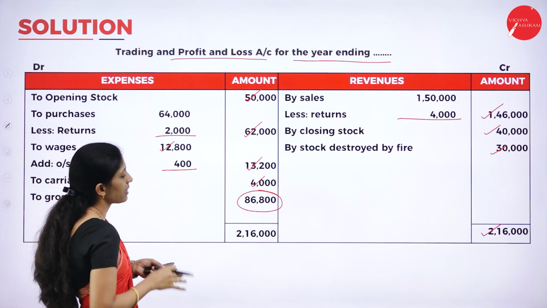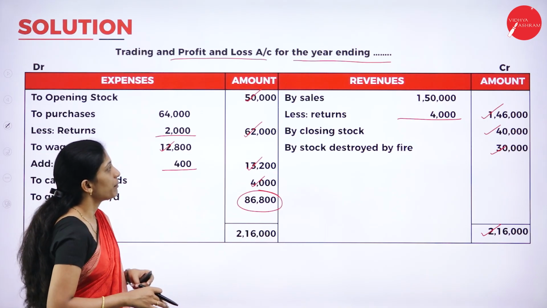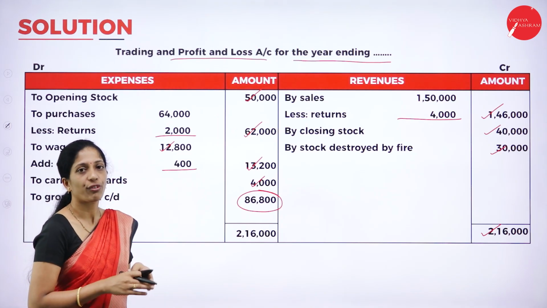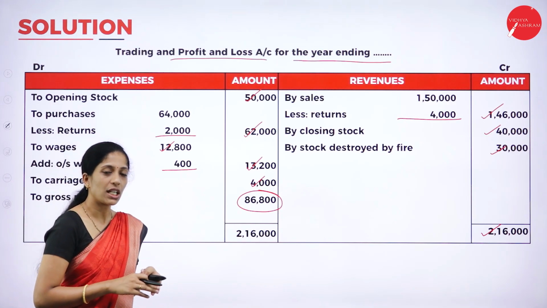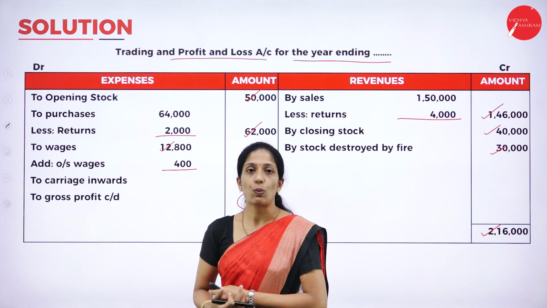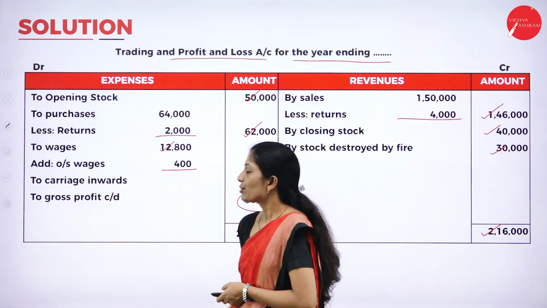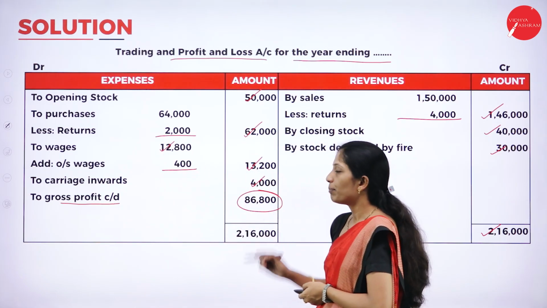How do we get 86,800? 2,16,000 minus 4,000 minus 13,200 minus 2,000 minus 50,000, you'll get the balancing figure of 86,800. So your credit side is more than the debit side, so it is gross profit. How do we write? To gross profit carried down. This will be the balancing figure.